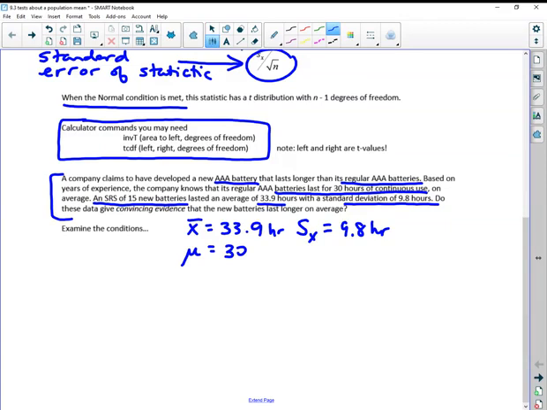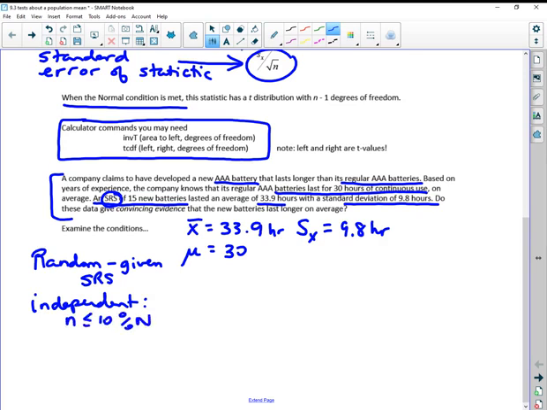So looking at my conditions, first of all, is this random? Yes, it was given. They did an SRS. So that is meeting that condition for inference right there. Is it independent? You have a finite number of batteries out there in the world. So that's going to mean that we will need to use our 10% condition, making sure we don't exceed 10% of the population in our sample size.